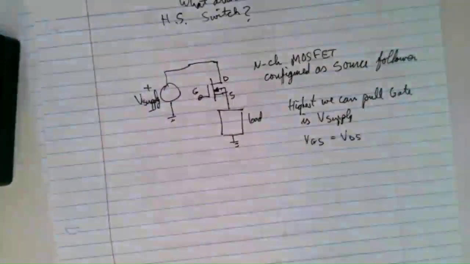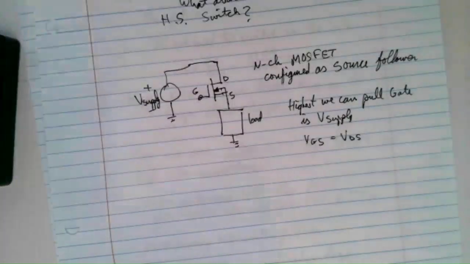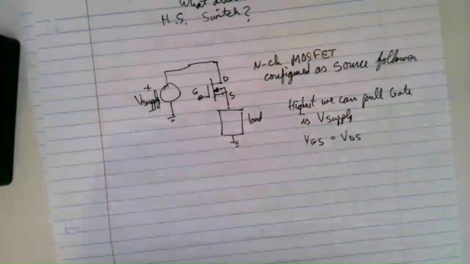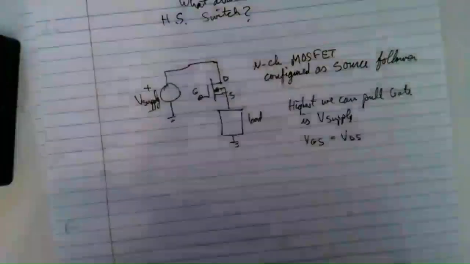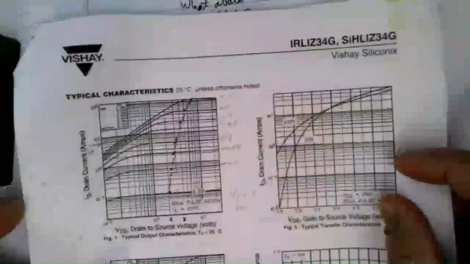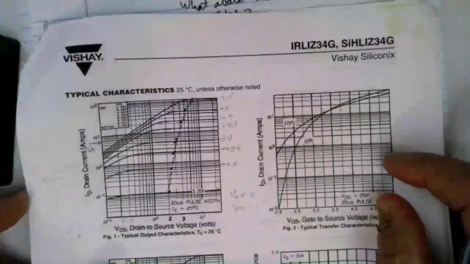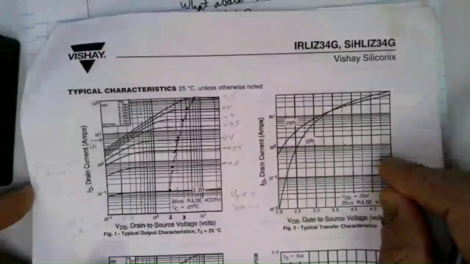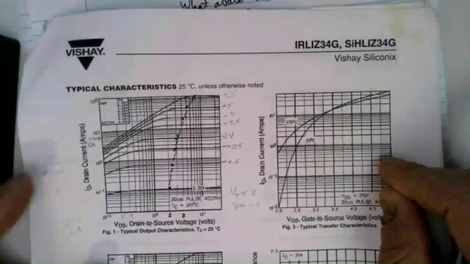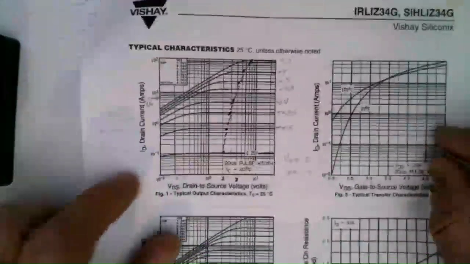I want to show you this data sheet for reference. Here is the part, the IRLIZ34G, an N-channel MOSFET, and here is the family of curves for that part.